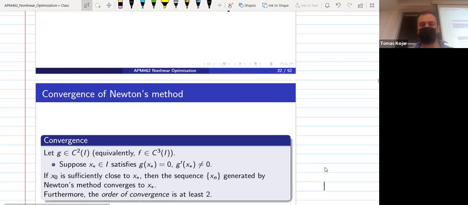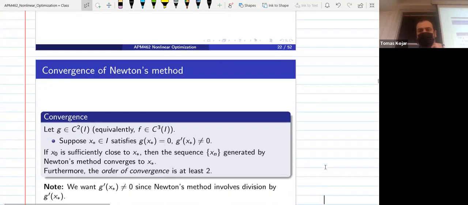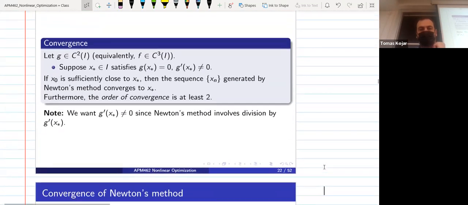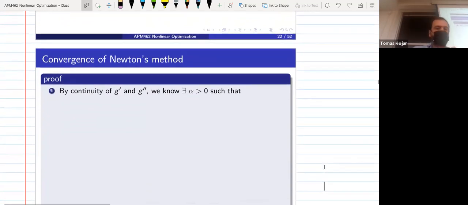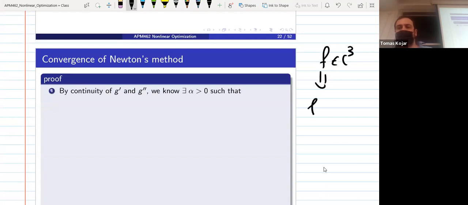Questions? All right, let's start. F is C3, and F being C3 means that F prime, F double prime, and F triple prime are all continuous.